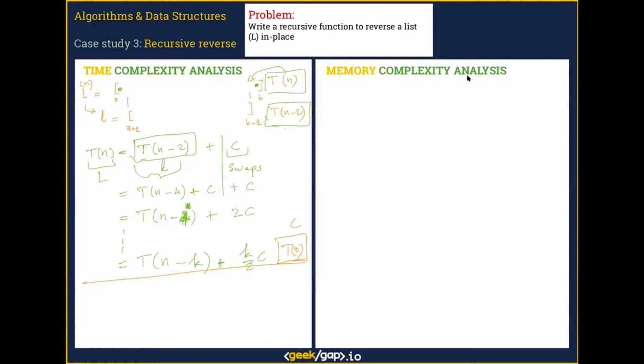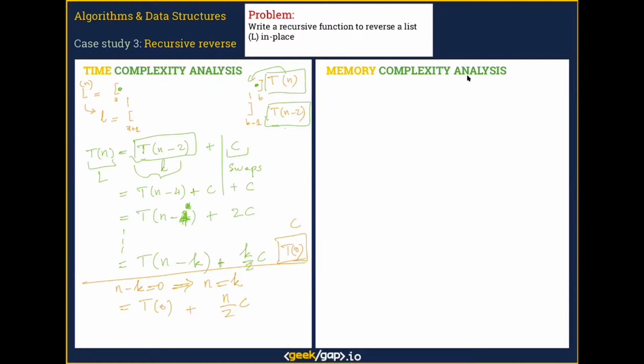So if n minus k equals 0, it means that n equals k. And if you plug that back, it means that we can express T of 0 plus n divided by 2c.